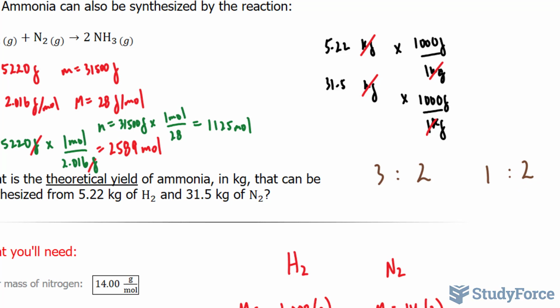With these ratios, I can figure out the number of moles of NH3. Since the second number represents the number of moles of NH3, I'll put an x here, because that's what we're looking for. And I'll put the number 2,589 underneath this 3, and underneath this 1, I'll put the number 1,125.